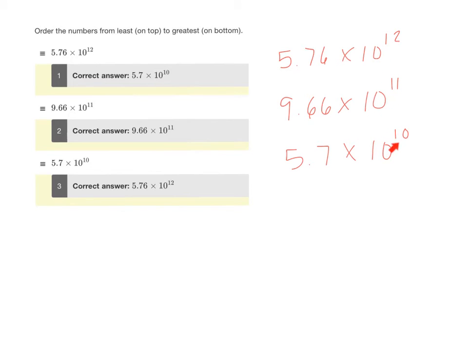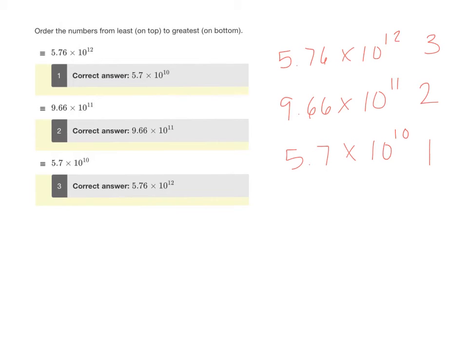Which one is going to be the smallest one? 10 to the 10th, 10 to the 11th, or 10 to the 12th? So we know 10 to the 10th is going to be the smallest one. So that's going to be in first position. Put a 1 there. And then 10 to the 11th would be in our second position. And then 10 to the 12th would be in our third position.